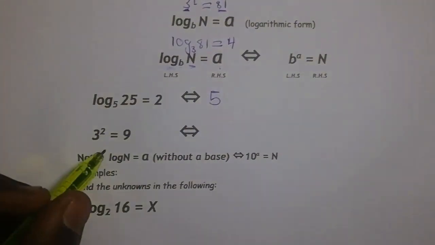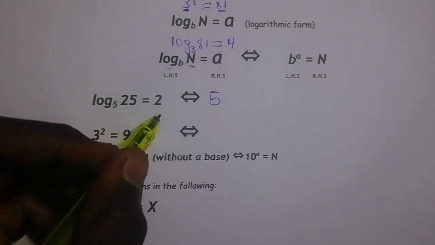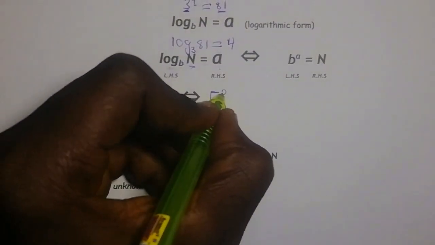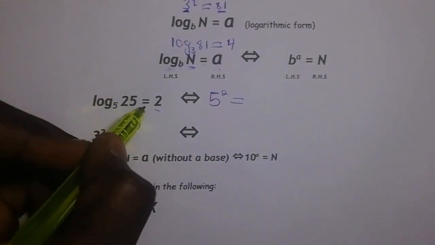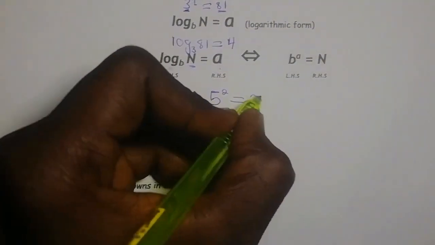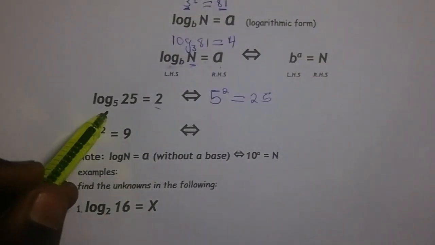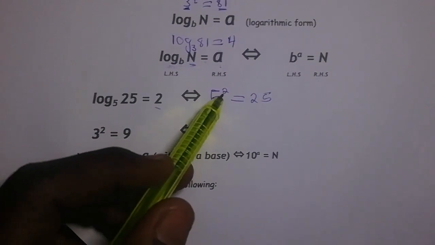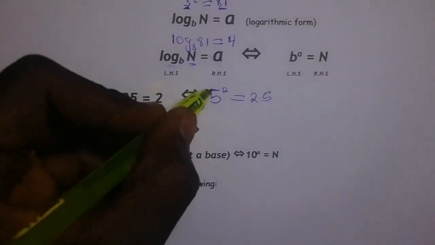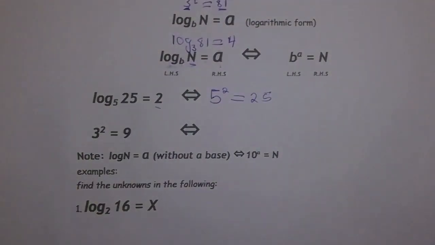Let's raise it to the power of the number on the opposite side of the equation, which is 2. Then it equals the number nearest to the equal sign, which is 25. That's how we convert logarithmic form to index form. And it makes sense because 5 squared is indeed 25.